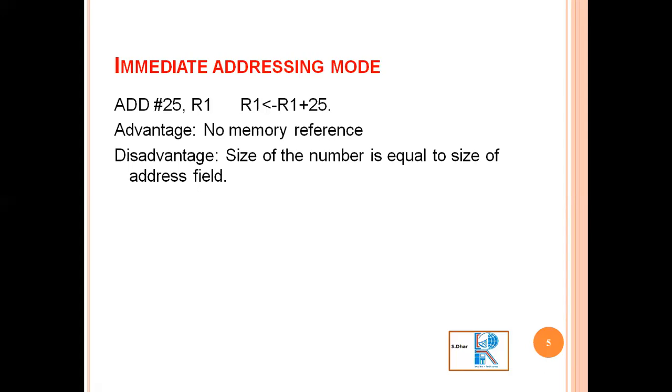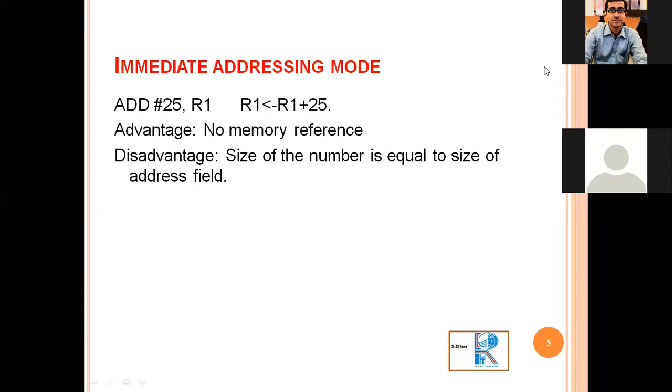See the example. First, ADD #25, R1. What is the meaning of hash? The meaning of hash is that here we have to add the data which is stored in the register R1 with 25. Here 25 is the data itself. This is not any address or any register.